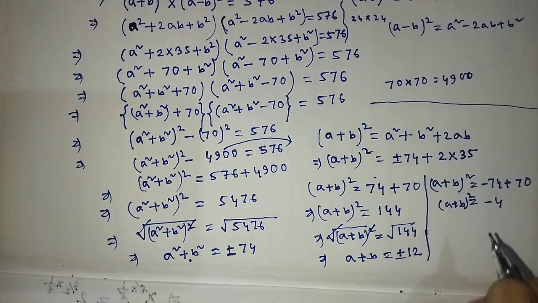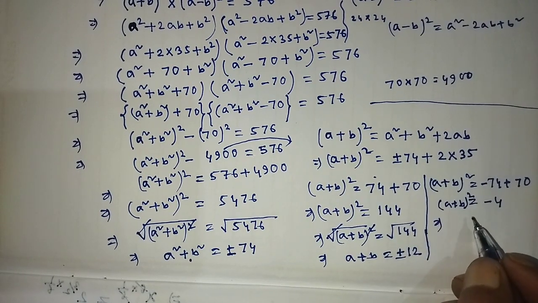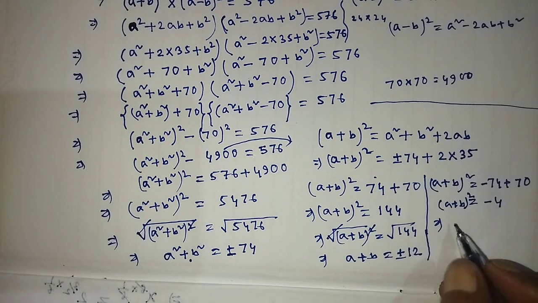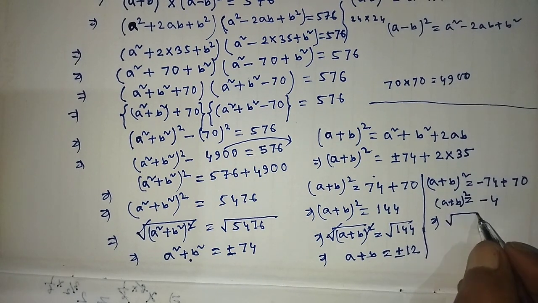To find the value of a plus b from this equation, again we take the square root on both sides.